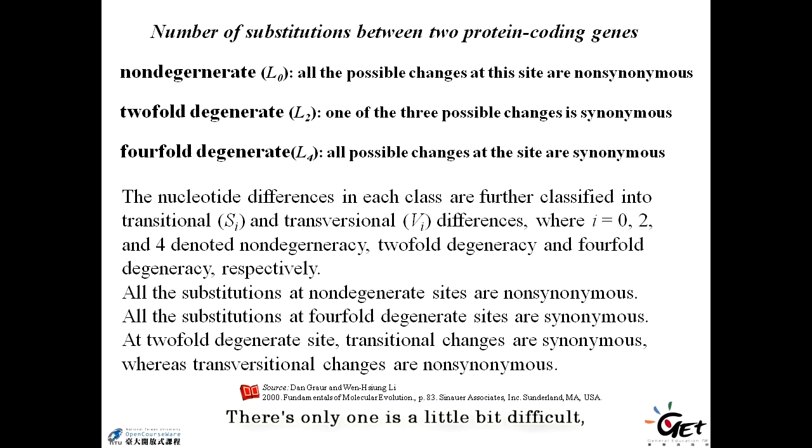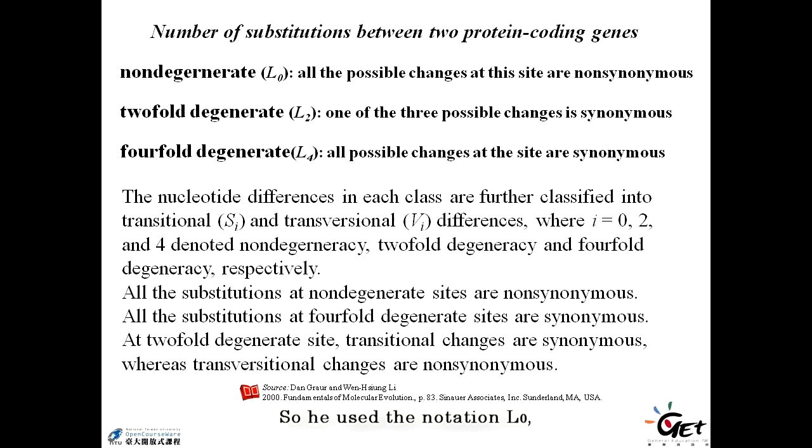There's only one that is a little bit difficult. It's isoleucine. Isoleucine is a 3 because one is occupied by methionine. So for that one, we count it as a 2-fold degenerate site. That's the only one you have to worry about. All the others are straightforward. It's either 0 or 2 or 4.